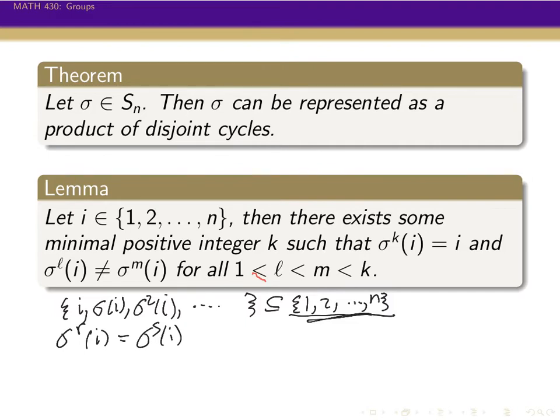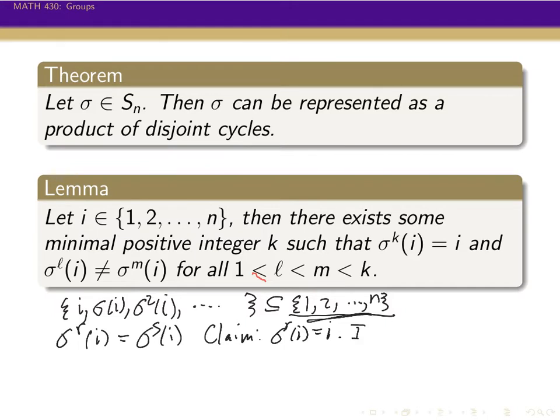And so my big claim here is that r is actually 0, that sigma r of I is equal to I. And I'm going to prove this by contradiction.